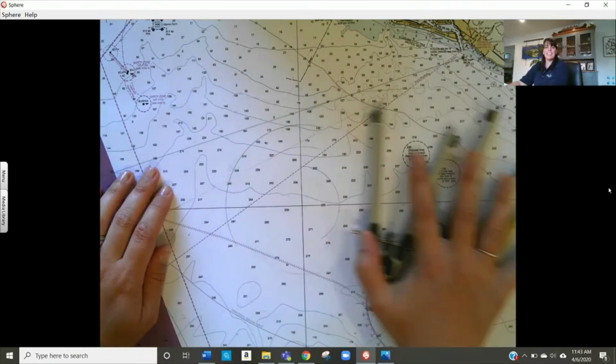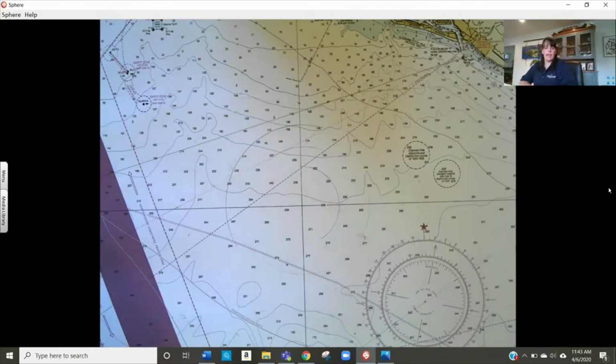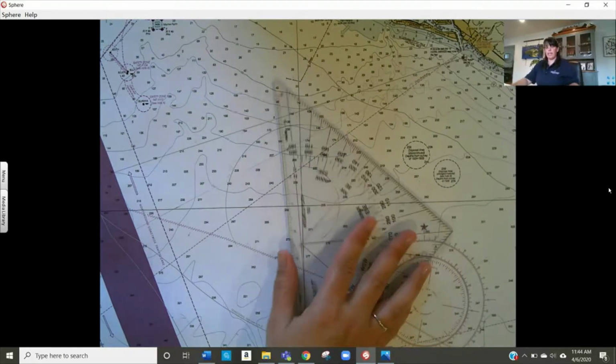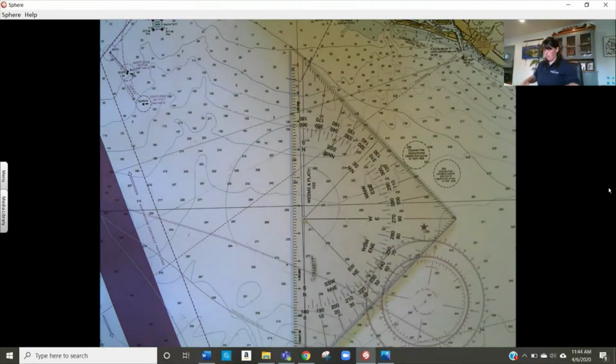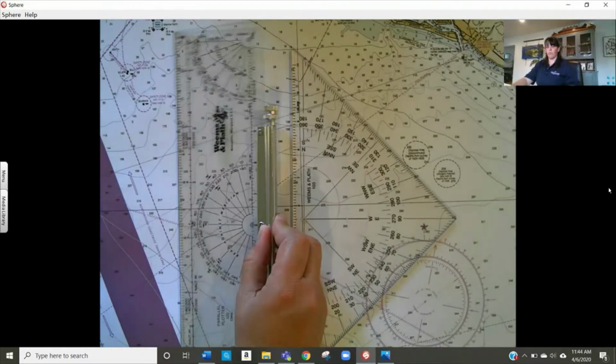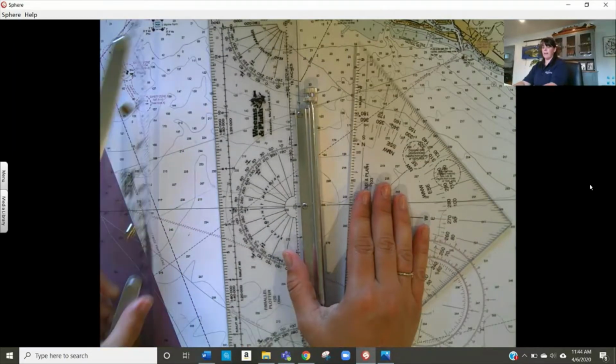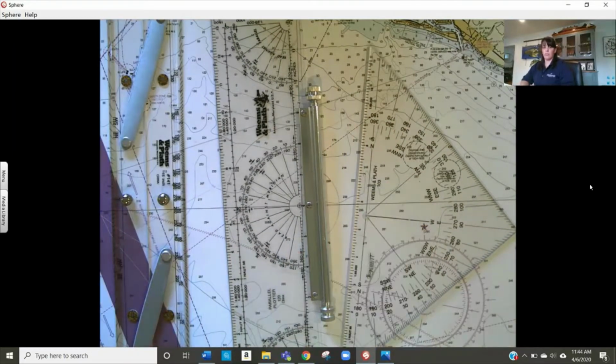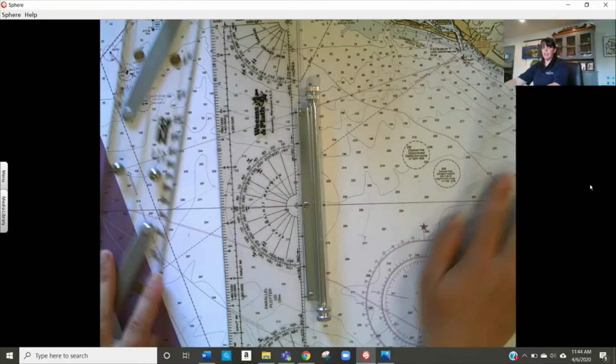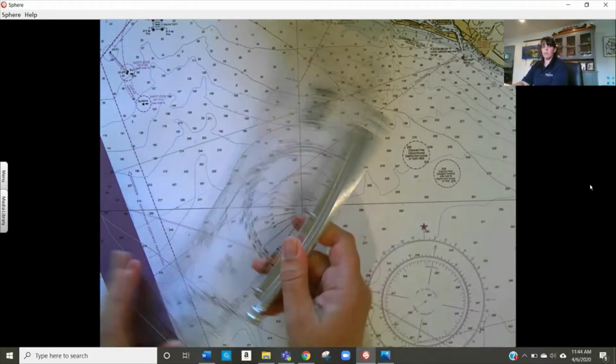Okay, let's get into how to plot our courses and bearings. We have three types. We have a triangle, we have a roll plotter, and we have the parallel rulers. So we're going to start today with the roll plotter.